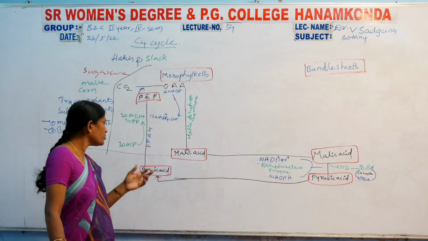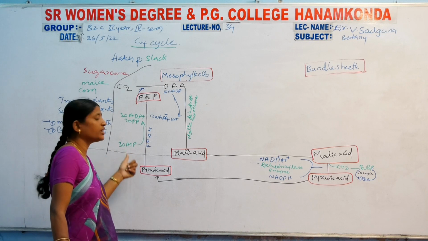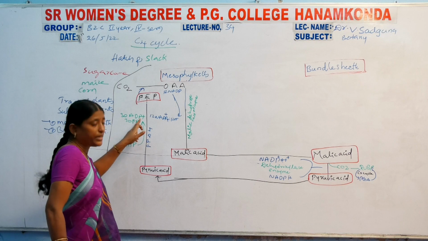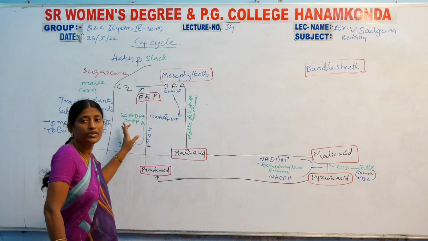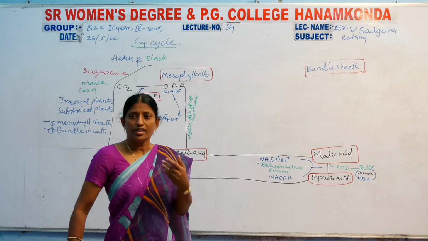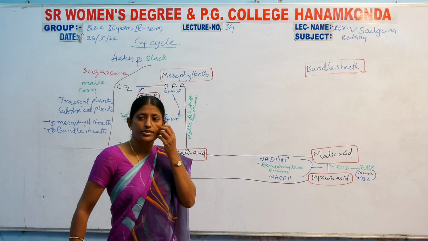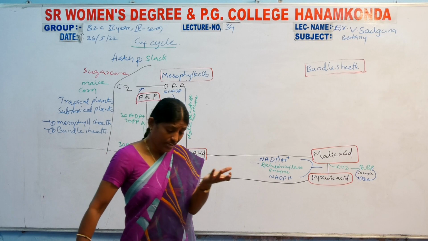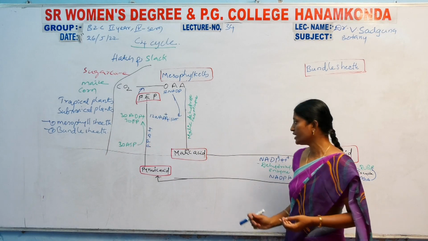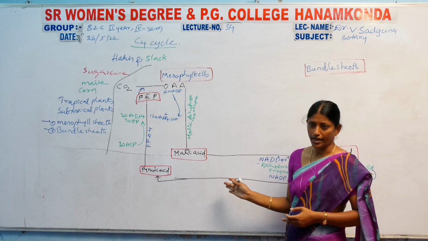Then it utilizes 30 molecules of ADP plus 30 inorganic phosphates, which convert into 30 moles of ATP. Okay.